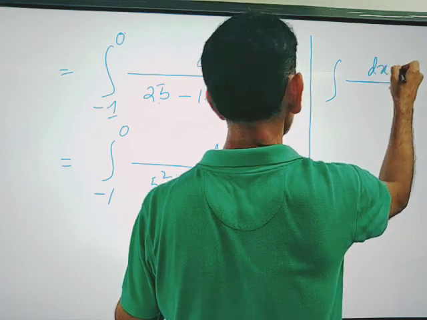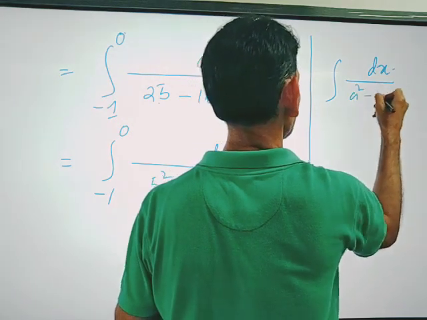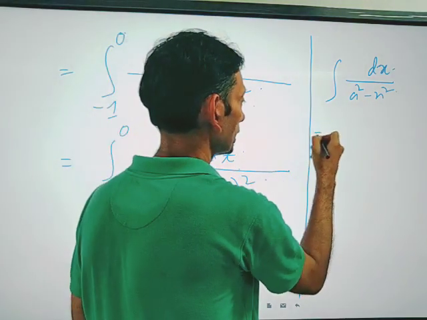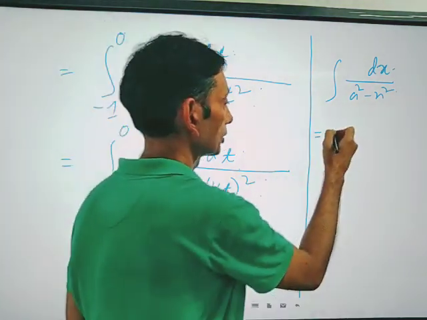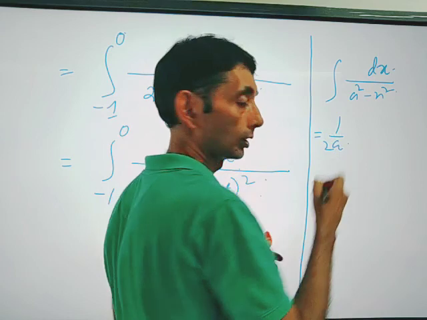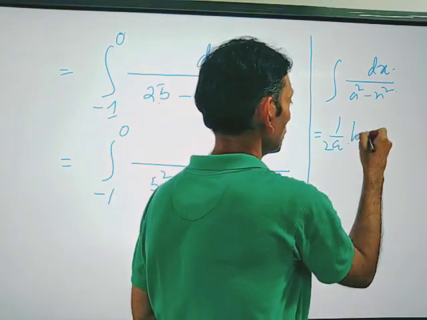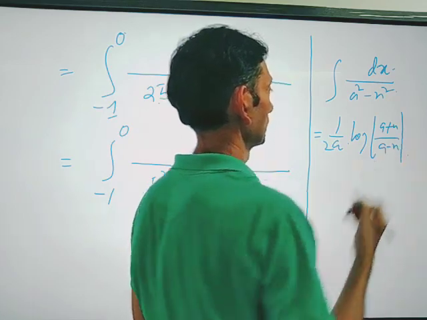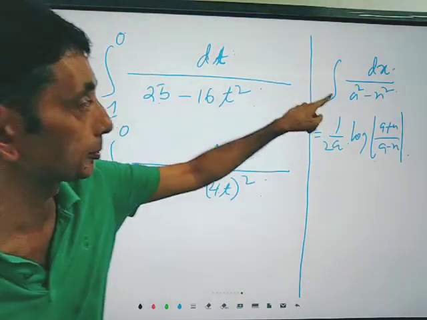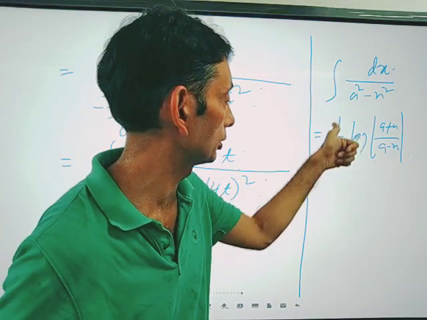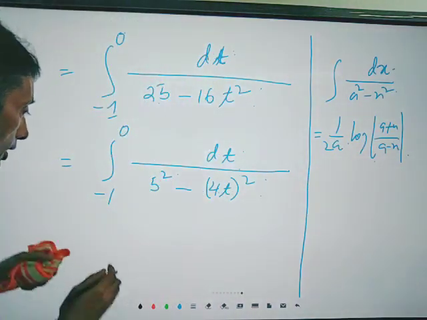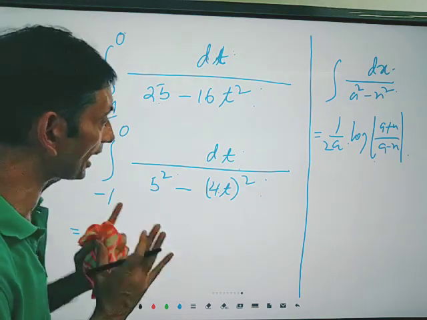That is dx by a squared minus x squared. I hope that you do remember this formula. This is equal to 1 by twice a, log of a plus x by a minus x. So dx by a squared minus x squared is equal to 1 by 2a log of a plus x by a minus x.